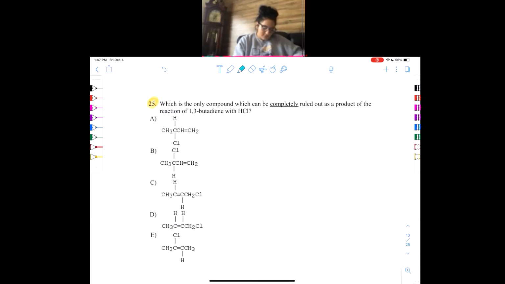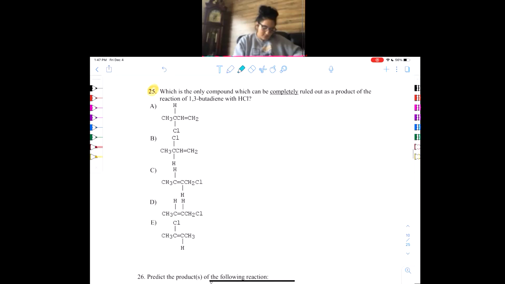All right, so moving on. This is another one that we didn't completely talk about explicitly, but if we are doing a reaction such as 1,3-butadiene with HCl, we can completely rule out the answer that has the hydrogens directly attached to the double bond.